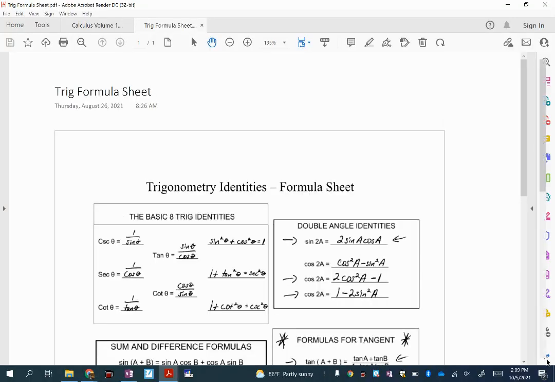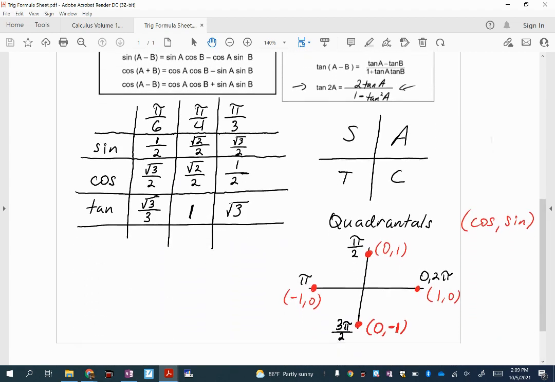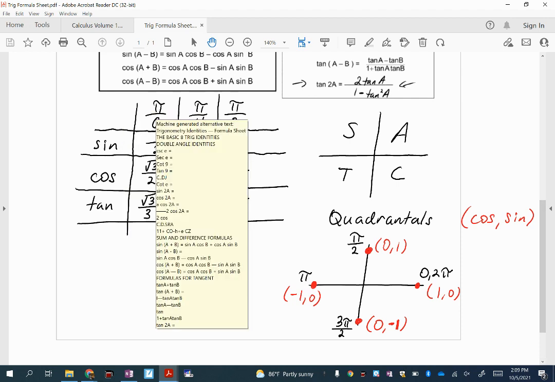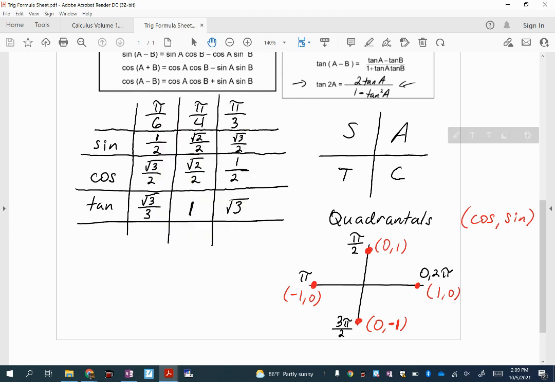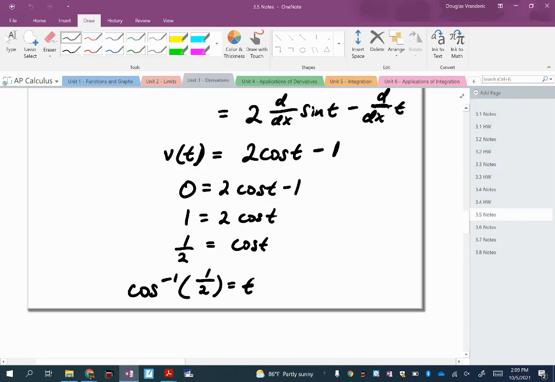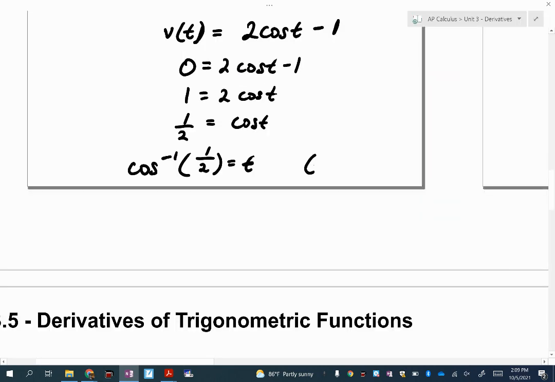Essentially, this is something that I have memorized, but I'm talking about this at the bottom here, or the middle to the bottom. I'm looking for the cosine of either pi over 6, pi over 4, or pi over 3 to be equal to 1/2. You'll notice the cosine of pi over 3 is 1/2. So one of my answers is t equals pi over 3.